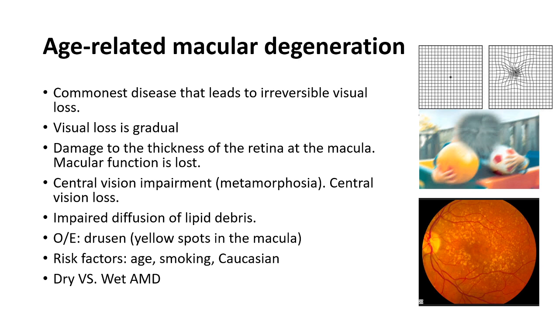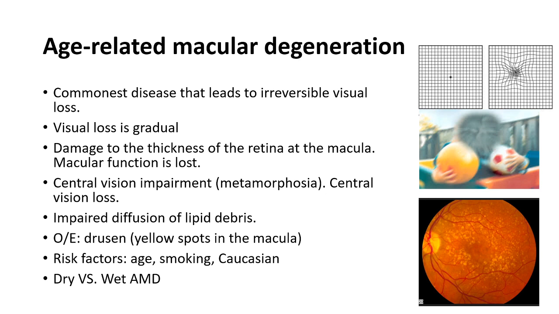Another function of the macula that is impaired is the diffusion of lipid debris from the retina to the choroidal vasculature. Instead, extracellular deposits form, and these can be seen as drusen or yellow spots under the ophthalmoscope.